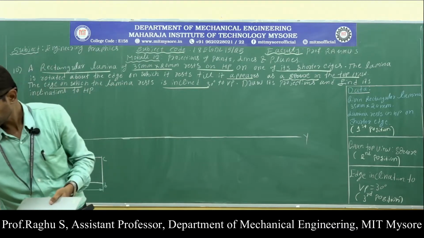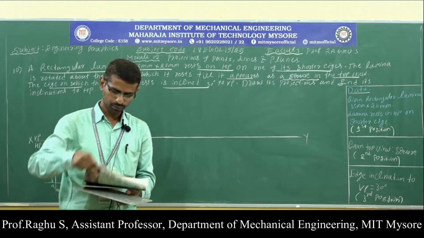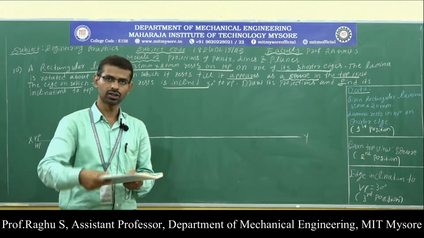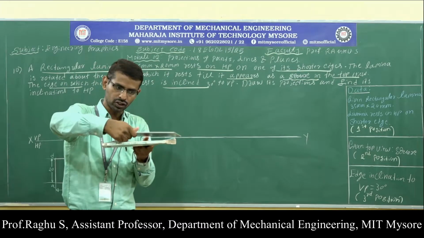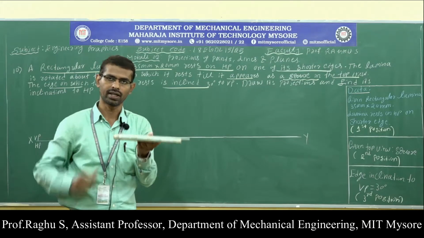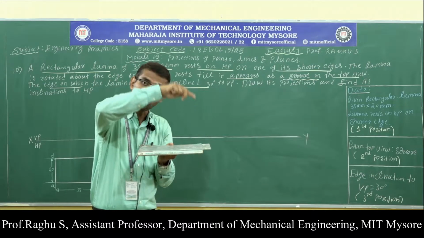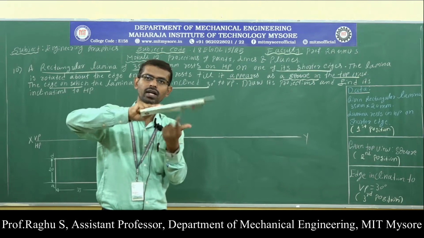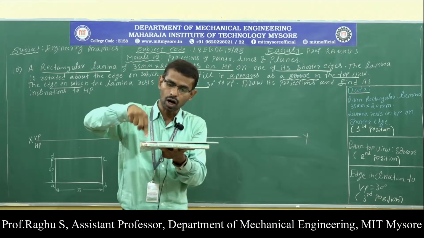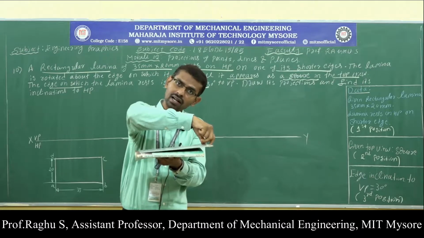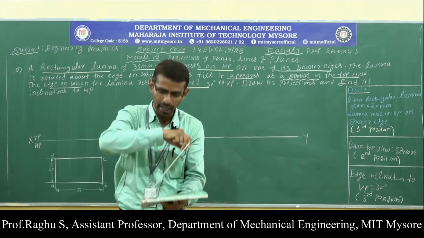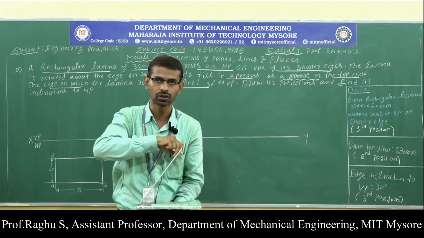Okay, here, this is the horizontal plane. The lamina rests on HP with one of its shorter edges. Next, the lamina is rotated about the resting edge till it appears as a square in the top view, like this.